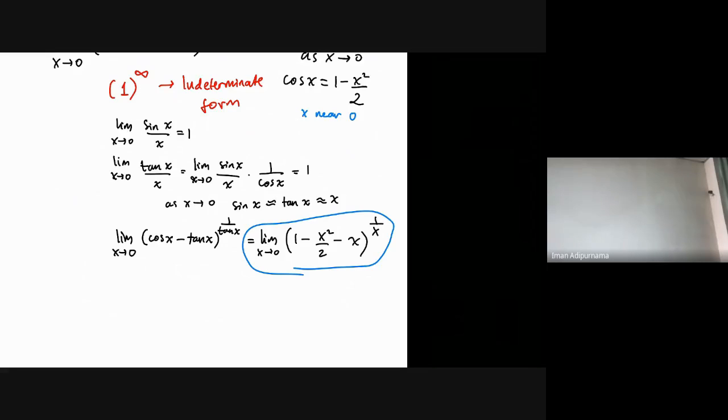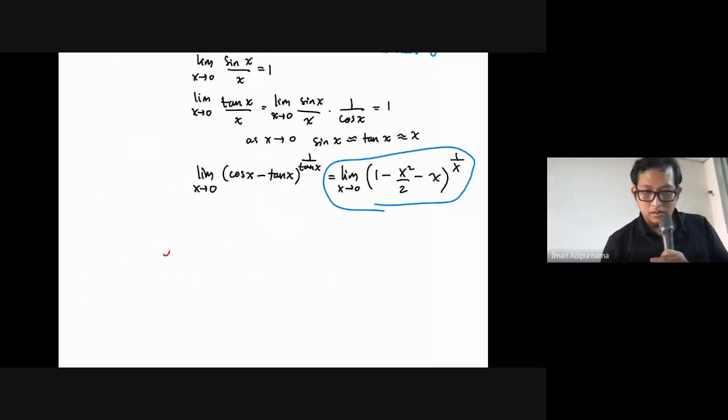You can change here, and this becomes easier to differentiate. You can see like here, 1 over x ln, and do L'Hopital's rule.